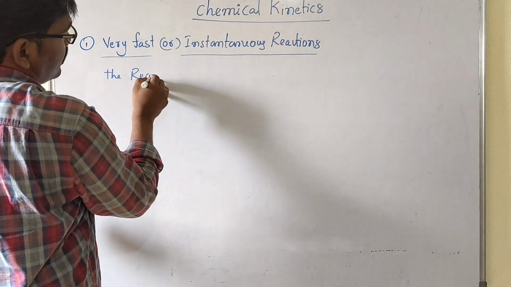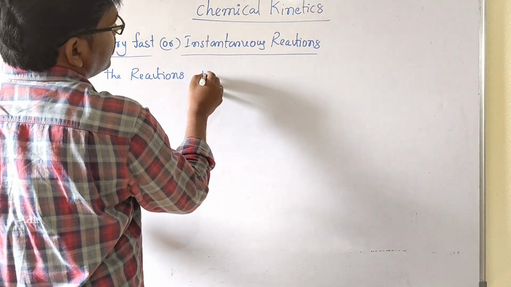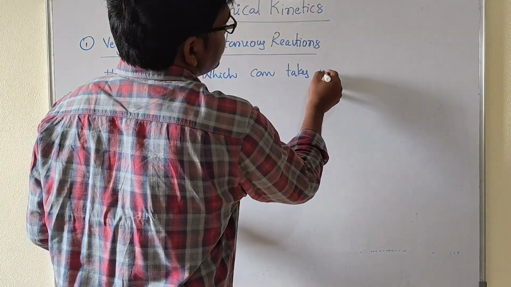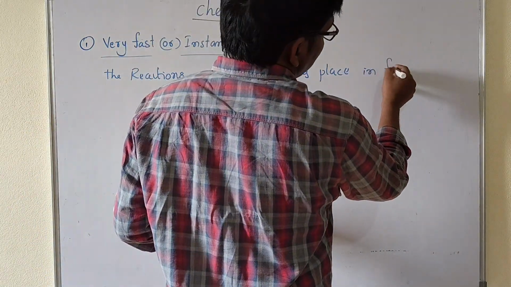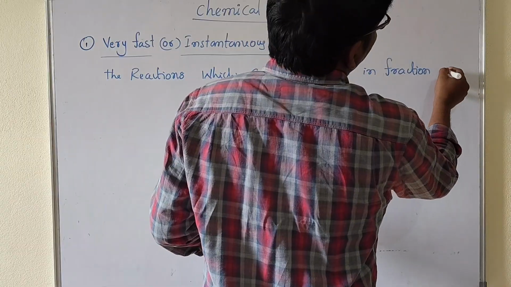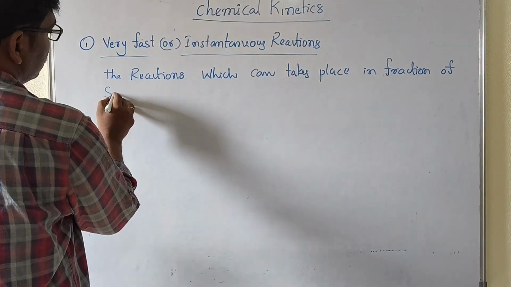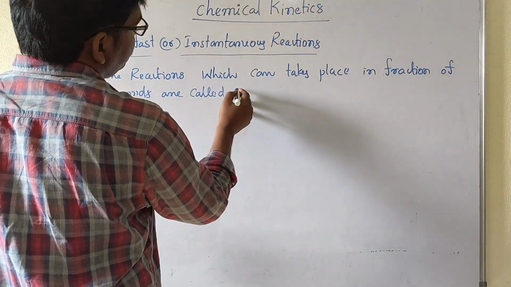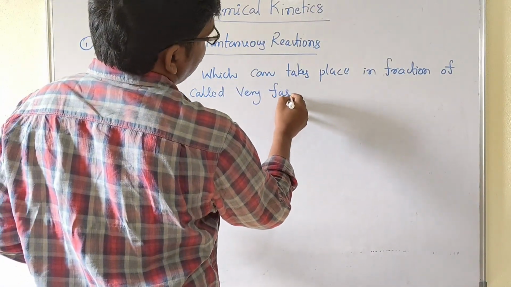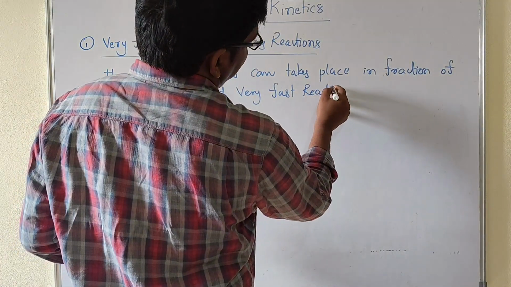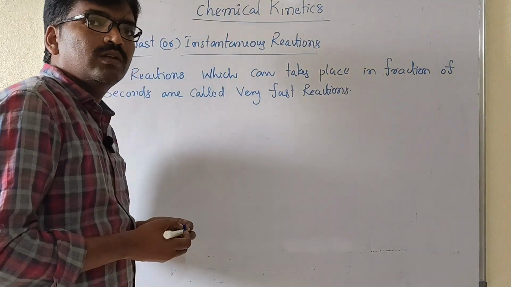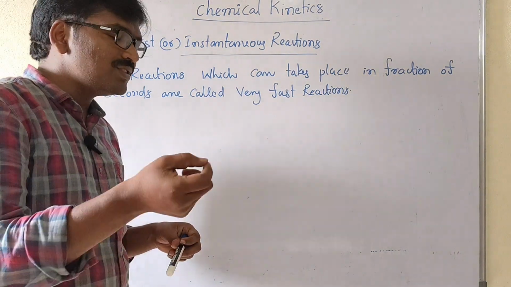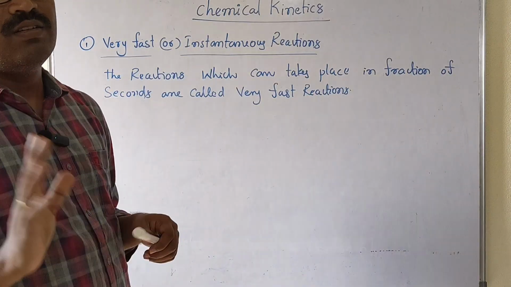The reactions which take place in fractions of seconds are called very fast reactions. Such types of reactions are called instantaneous reactions or very fast reactions.